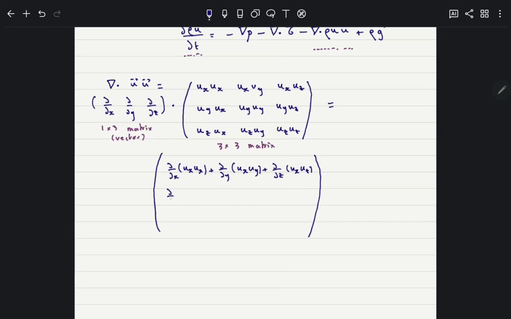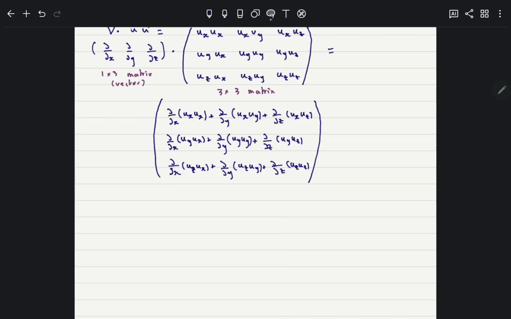Second component will be d over dx, so this time it's applied to the second row of the matrix. That's going to be uy ux plus d over dy uy uy and plus d over dz uy uz. And finally, we're going to have d over dx applied to uz ux plus d over dy applied to uz uy and plus d over dz applied to uz uz.